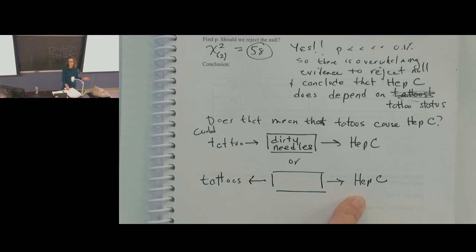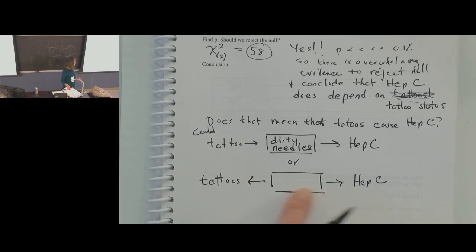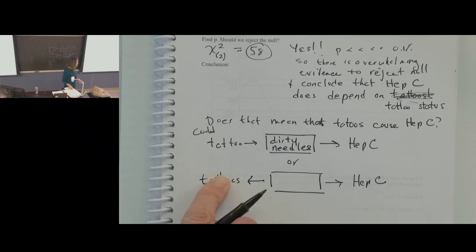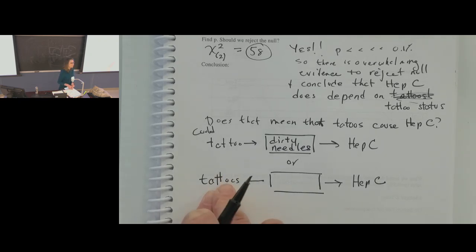I think unprotected sex and using drugs and so forth. Would that be causing tattoos? Not really causing them, but it might be a marker. People who do stuff like that are more likely to get tattoos, at least at this time.